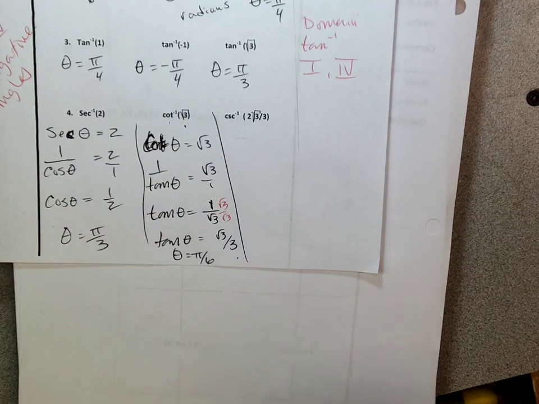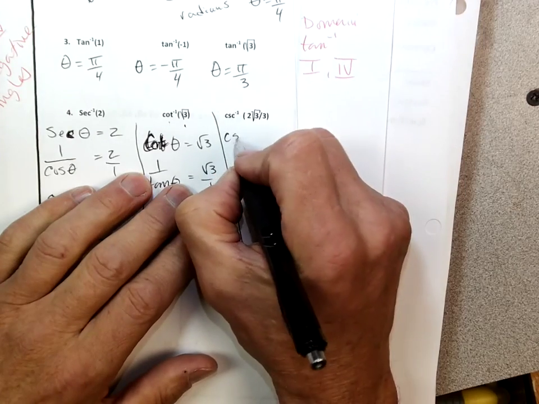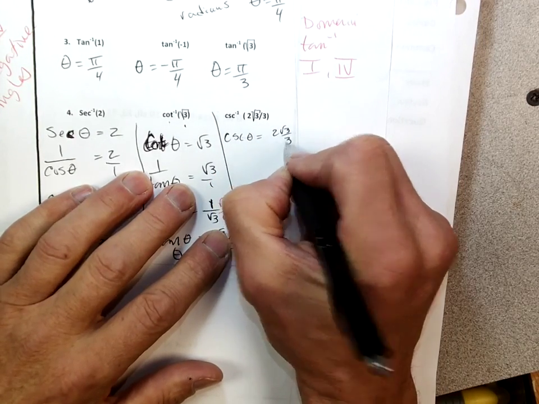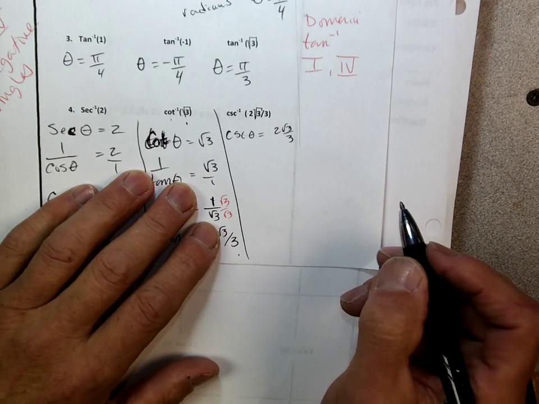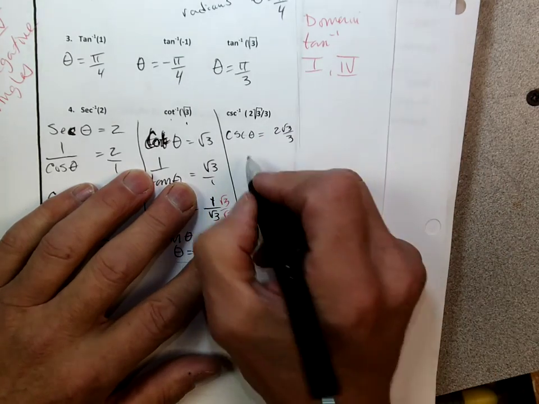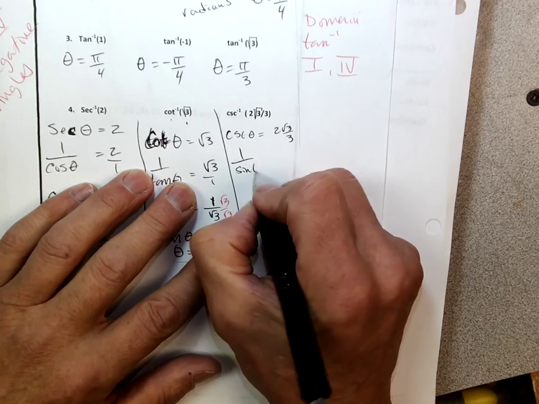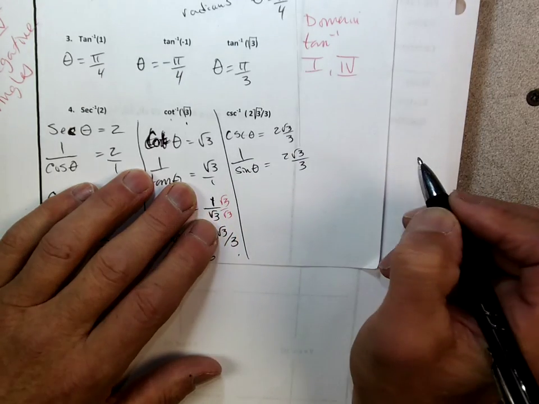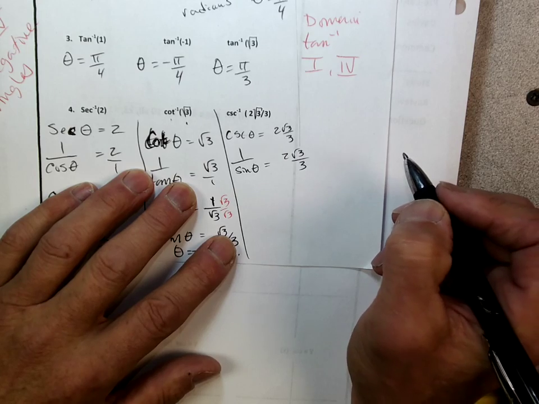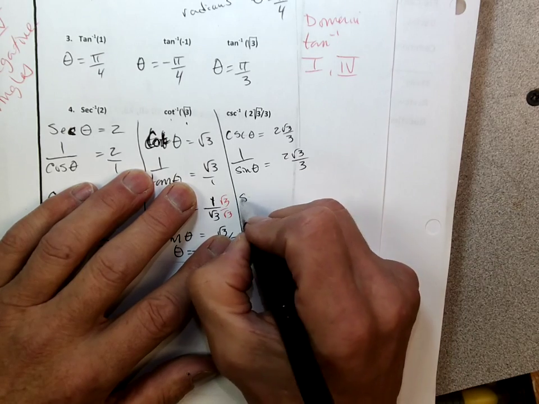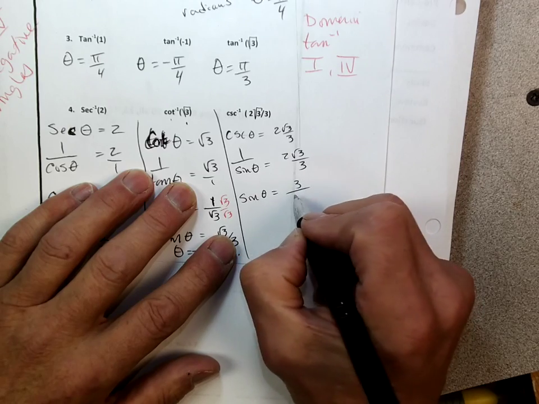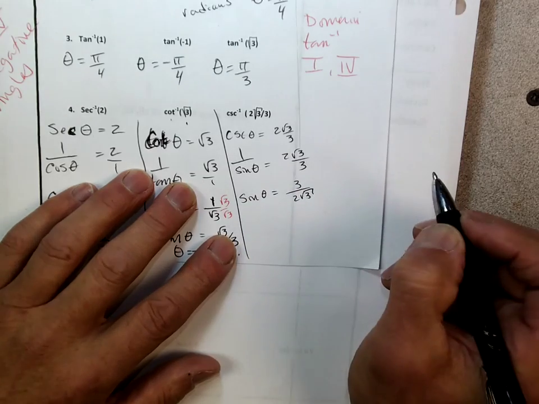Cosecant is not on the unit circle, but sine is. So I change it: cosecant of some angle equals 2 square root of 3 over 3, so it's 1 over sine of an angle. Flippy floppy: sine of theta is equal to 3 over 2 square roots of 3.